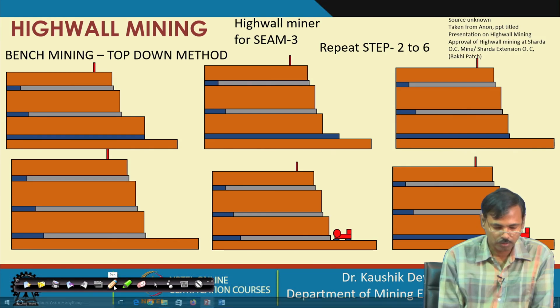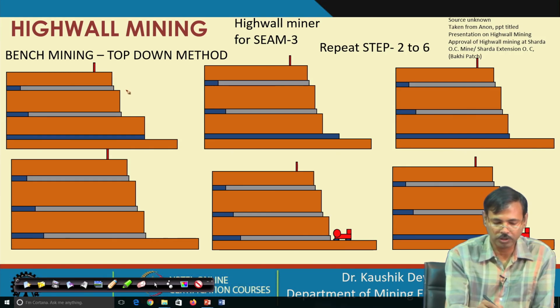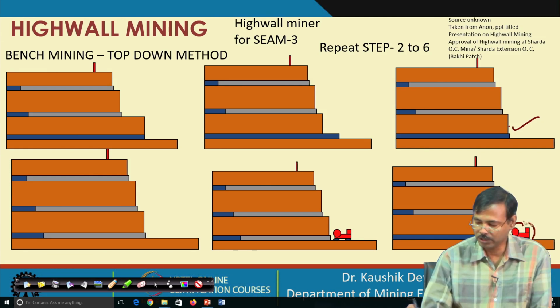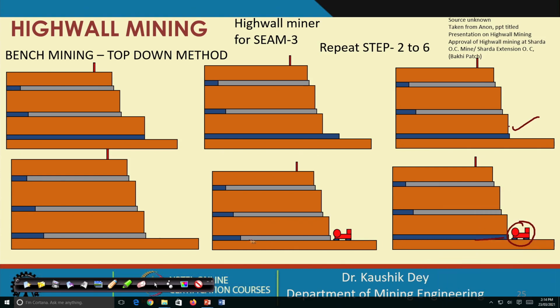Now, the same thing is carried out for seam 3. After excavation of this one, this portion is excavated, then the high wall coal is excavated, then the high wall miner is placed at this position, then it excavates this one, then everything is withdrawn. The structure is stiff, and all 3 seams, seam 1, seam 2, seam 3, are excavated using this method.